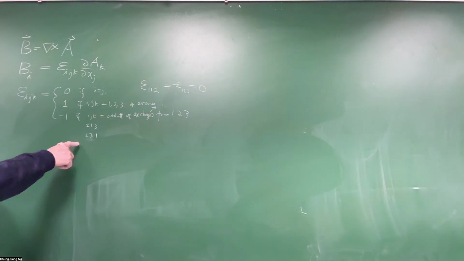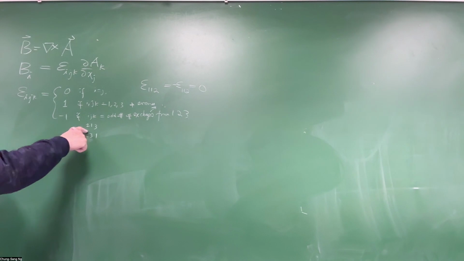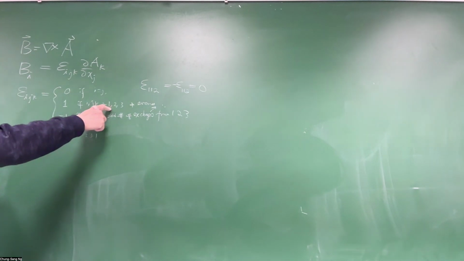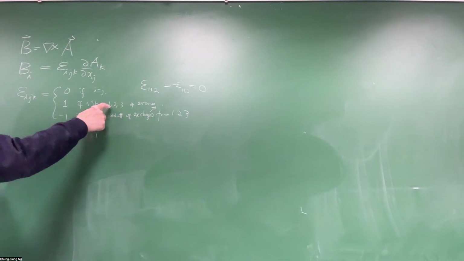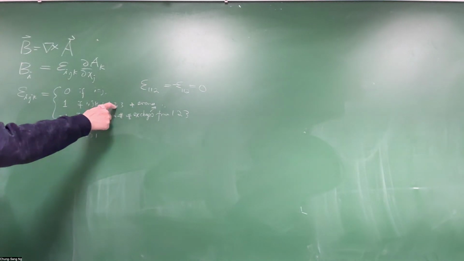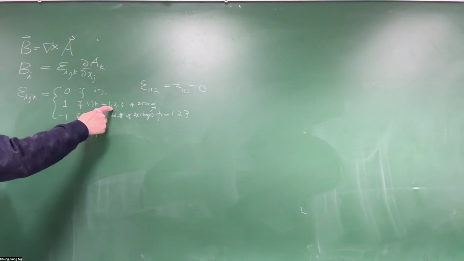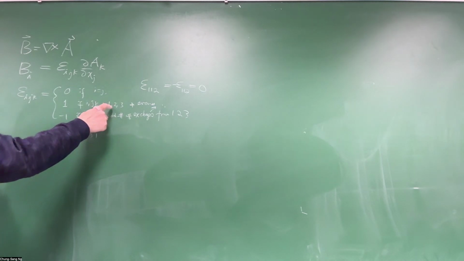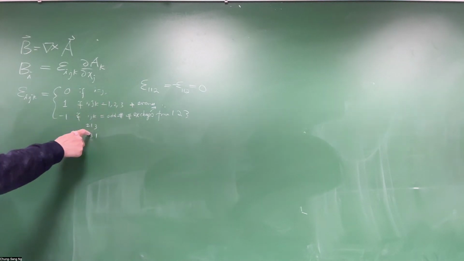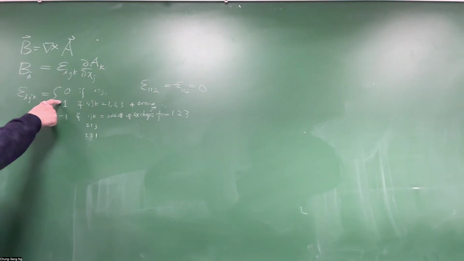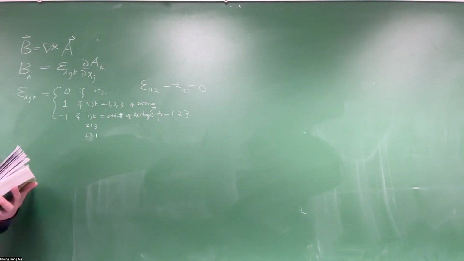Obviously epsilon 1, 2, 3 and 2, 1, 3 differ by exchanging 1 and 2, so the anti-symmetric property requires that they should be negative of each other. So if you choose this to be 1, the other must be minus 1.